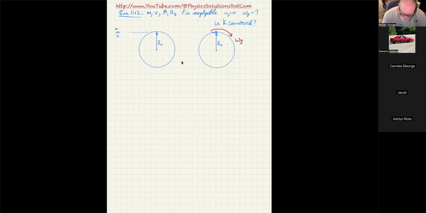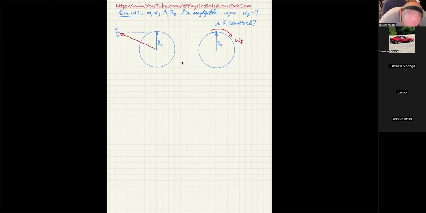So what we're going to treat as the system is the bullet and the cylinder. The bullet doesn't necessarily seem like it, but it does have an angular momentum, because remember, angular momentum is r cross p. If you consider initially what the lever arm, or what the r, would be for the bullet, it would be this vector right here.